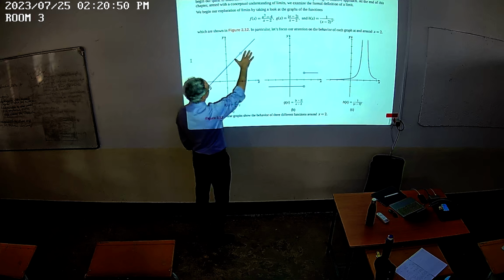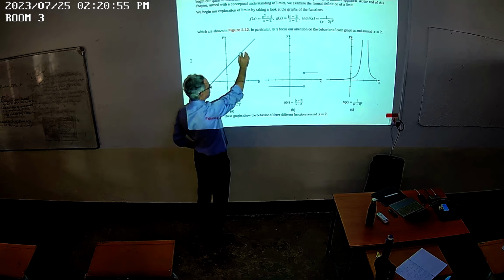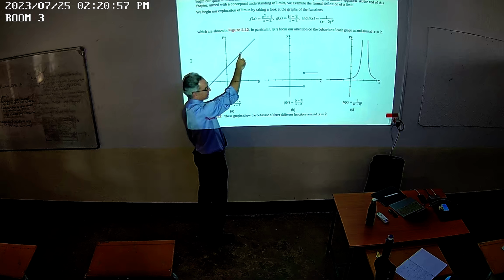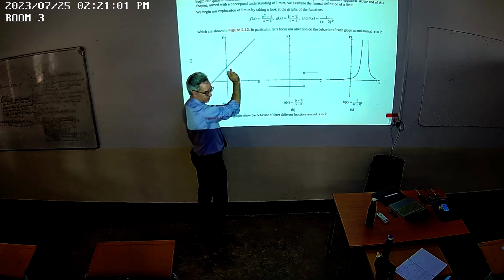So it looks like from both sides the function is approaching the value 4 at x equals 2. Undefined at x equals 2, but it's approaching 4.